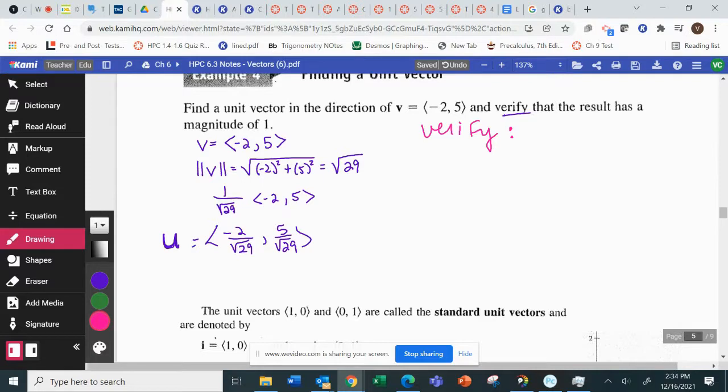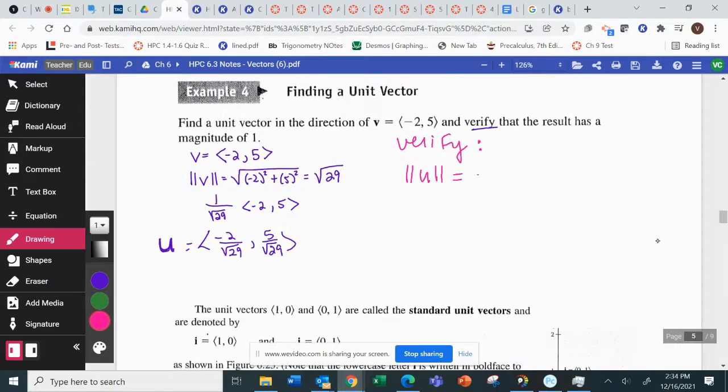How do I find how long vector u is? The distance formula. I find the magnitude. We are using that new vocabulary. So we're going to find the magnitude of u, which is the distance formula.